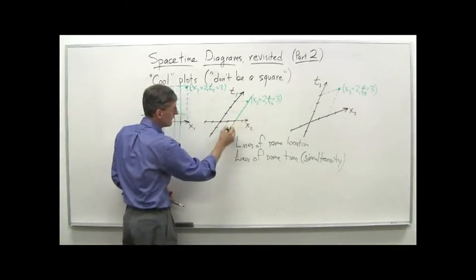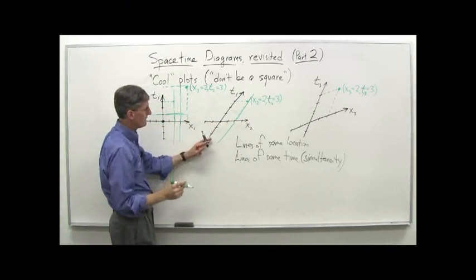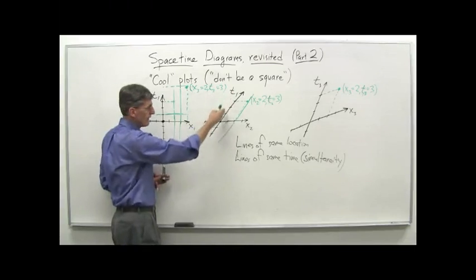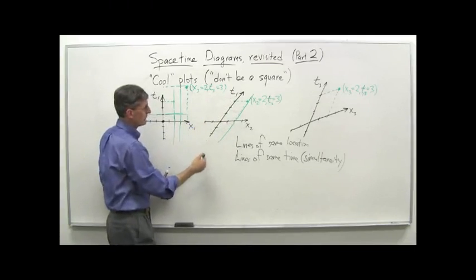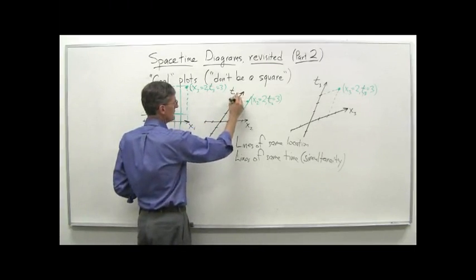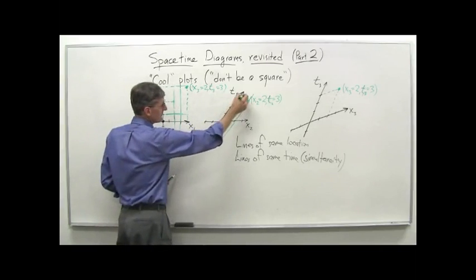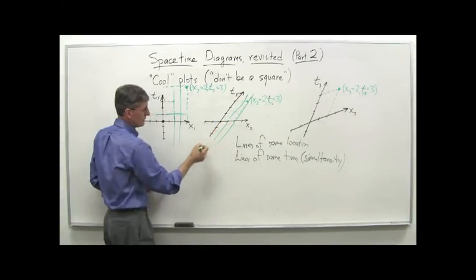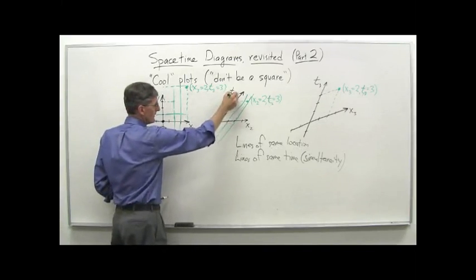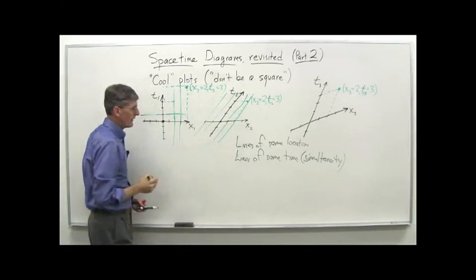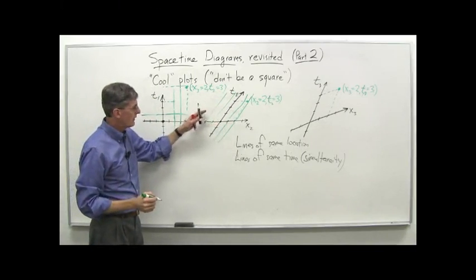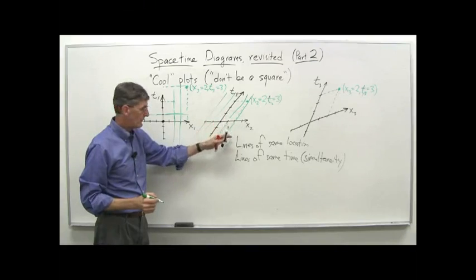They're going to be parallel to the t-axis, because the t-axis is the line of same location for x equals 0. Oops, that's not a T1 there. Sorry about that. It should be a T2. So lines of same location on this plot are parallel to the time axis.